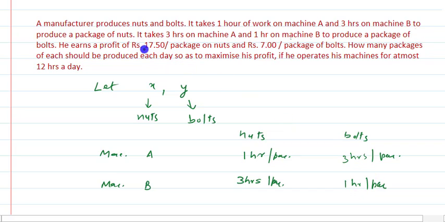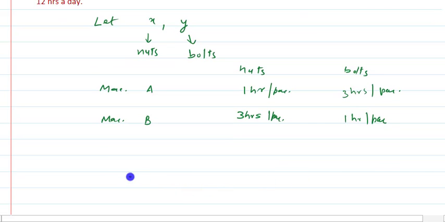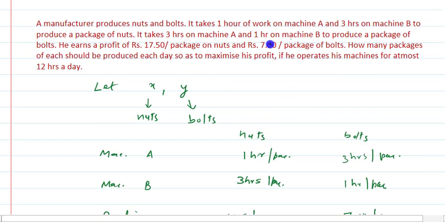Further, it is written that he earns a profit of rupees 17.5 per package on nuts and rupees 7 per package on bolts. So this can be written over here: profit is 17.5 per package on nuts and rupees 7 per package on bolts.